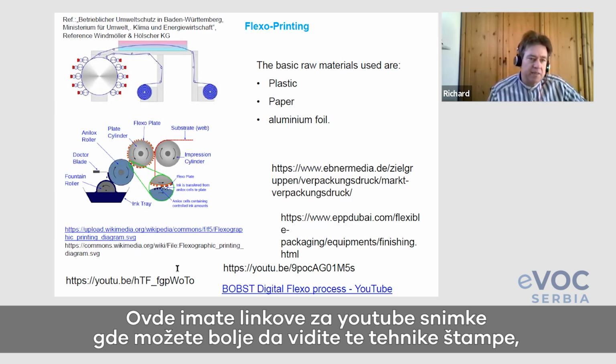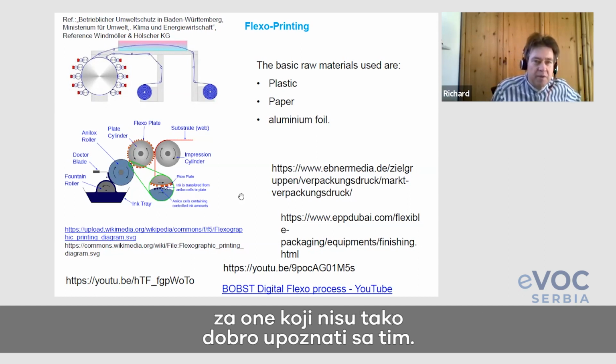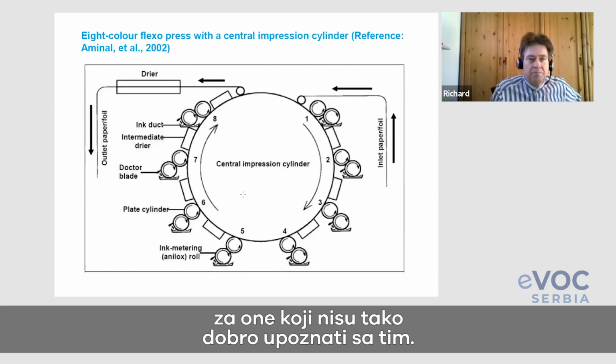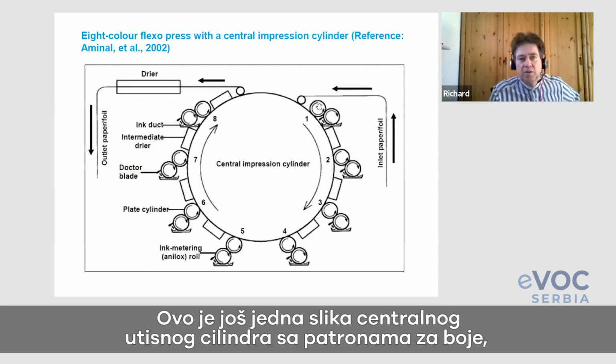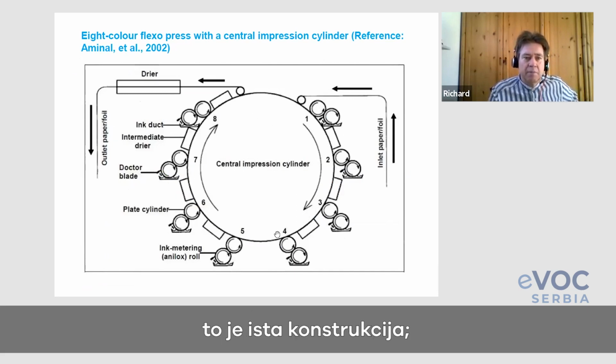Here you see some nice YouTube links where you can get a better picture of the printing techniques, for those who are not so familiar with it. Another picture of a central impression cylinder with color stations, but they have the same construction, let me say.